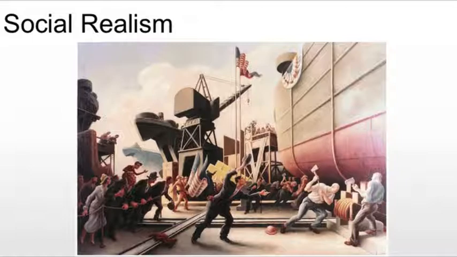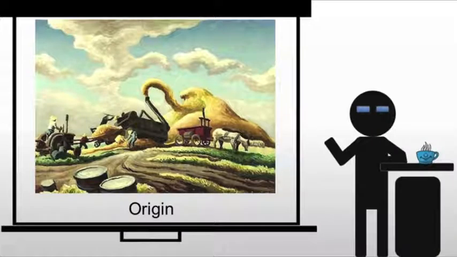Now, regionalism is a realist, modern American art movement, where an artist shunned the city and rapidly developed technical advances to focus on scenes of rural life. So they're avoiding the technology, they're looking at rural life. Just like precisionism happening at the same time is focusing on technology and ignoring rural life.